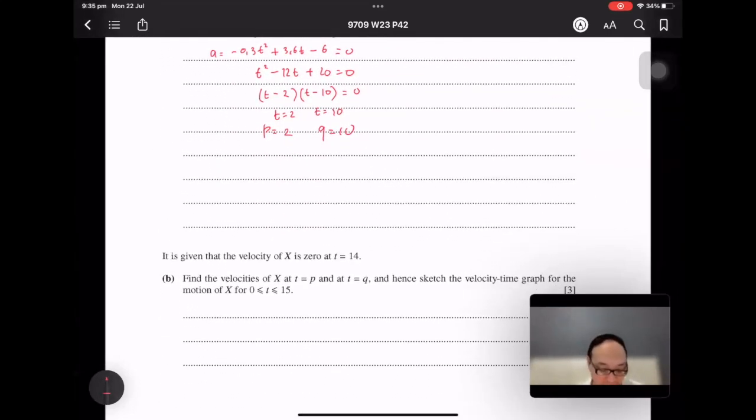It is given that the velocity of x is 0 at t equals 14. Find the velocities of x at t equals p and t equals q, and hence sketch the velocity time graph.